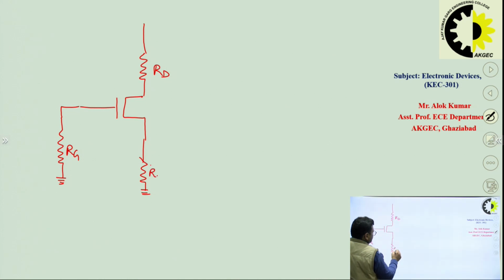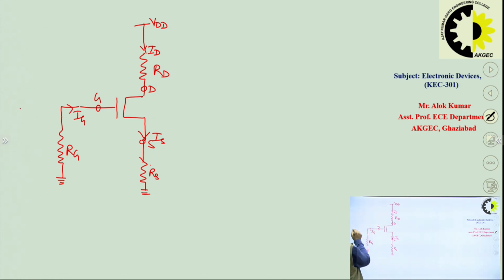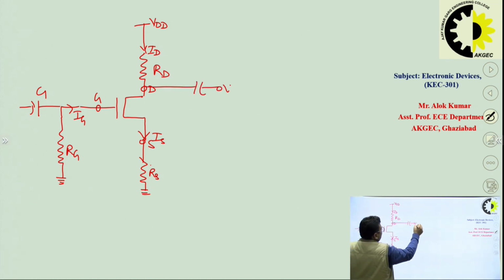This is the gate terminal, drain terminal and source terminal, and here we have the VDD supply. Here the current ID is flowing from the current source, and the gate current is flowing from here. Here we use the capacitor C1, and from here we are taking the output, through capacitor C2.